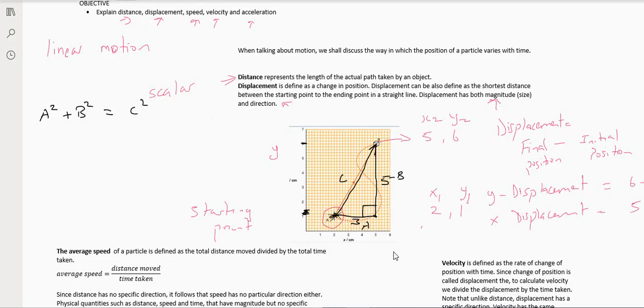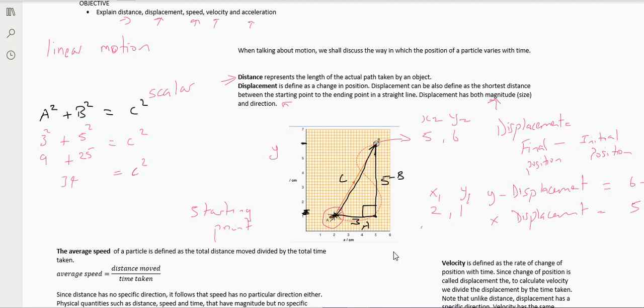If we put that in our equation, 3 square is 9 plus 5 square, that's 25, is equal to c square. We're just one step away from our final answer. We sum 9 and 25, we get 34 equal to c square.